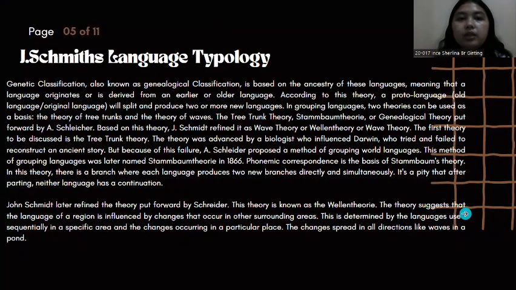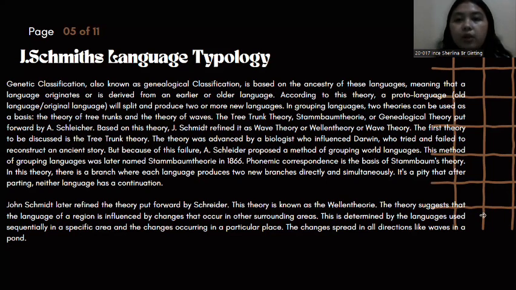Ginting language typology. Genetic classification, also known as genealogical classification, is based on the ancestry of a language, meaning that a language originates or is derived from an earlier and older language. According to this theory, a proto-language or old language will split and produce two or more new languages.